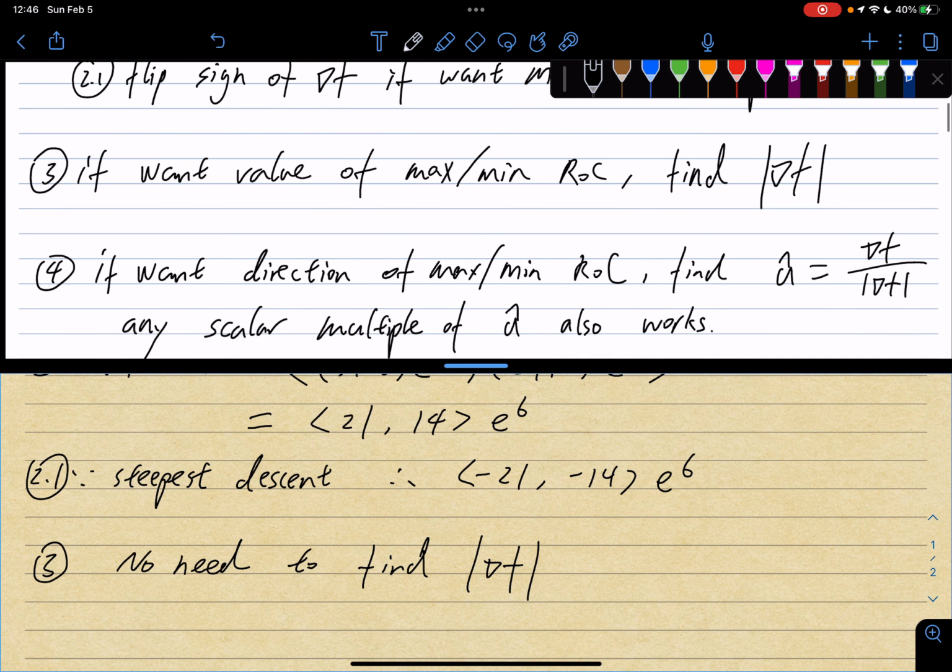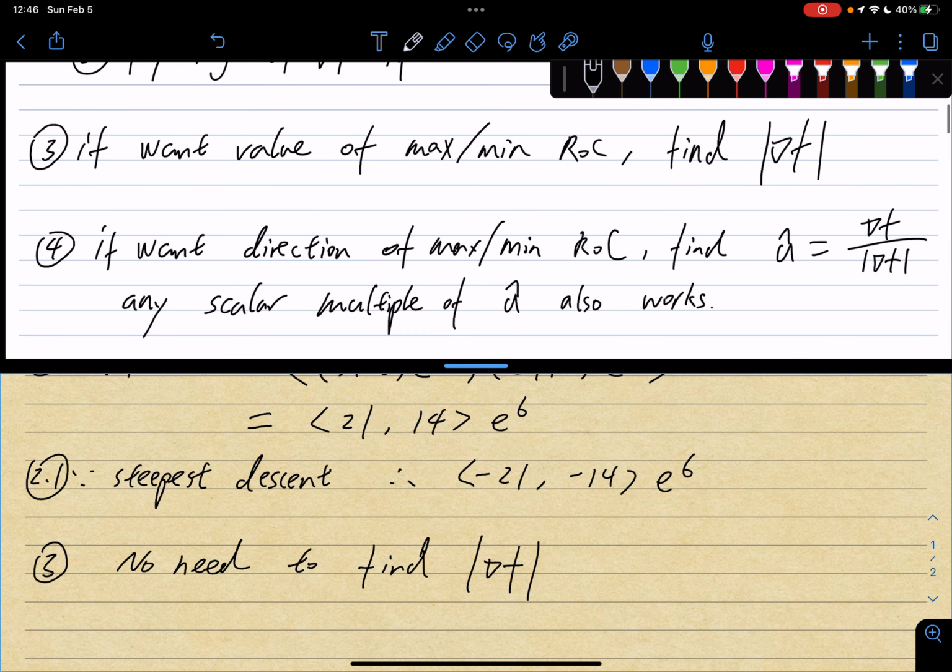Step 4: if we want the direction of the maximum rate of change, we can find the unit vector of the gradient vector. Or any scalar multiple of the unit vector also works if it's not particularly asking for a unit vector as the direction.